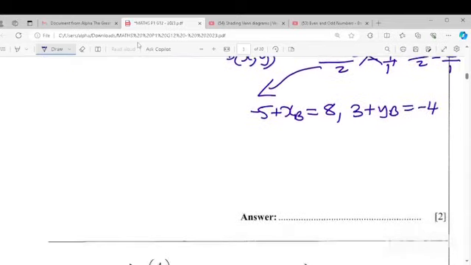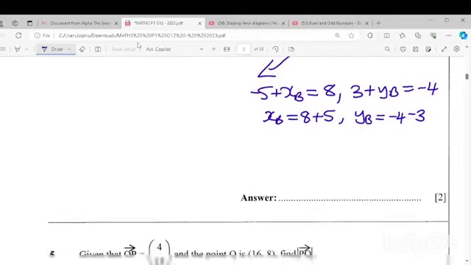Now we solve these as we normally solve equations. We take the -5 to the right, and then x in B is equal to 8 plus 5. The 5 becomes positive. Even here, y in B is equal to -4 minus 3.